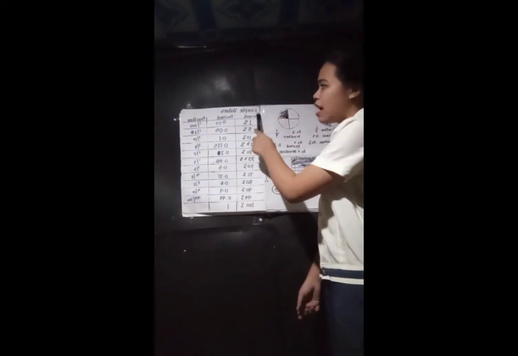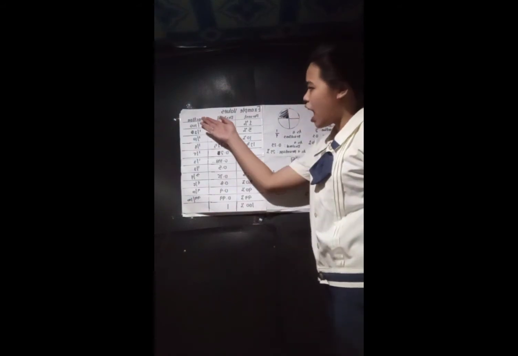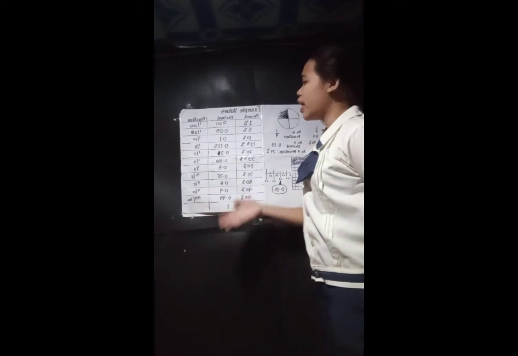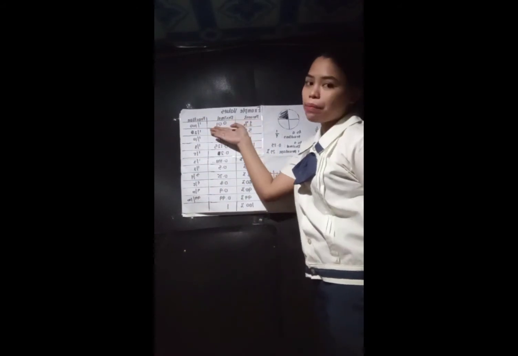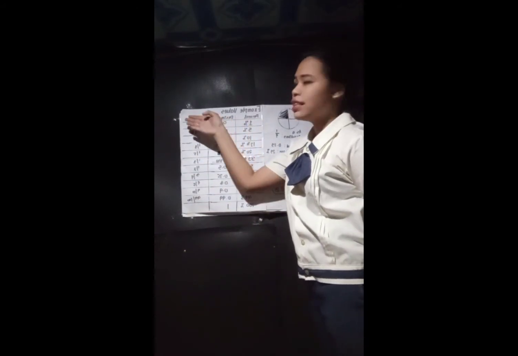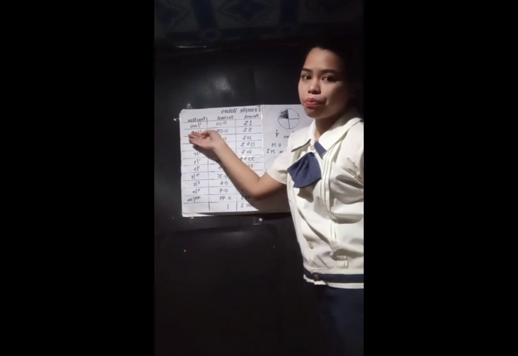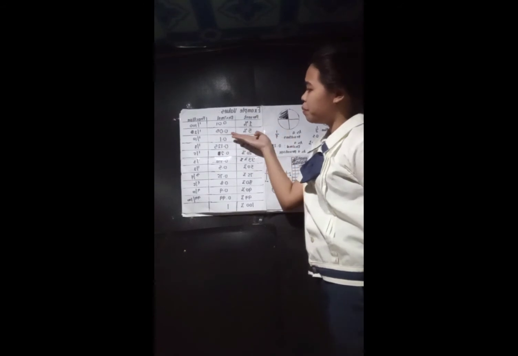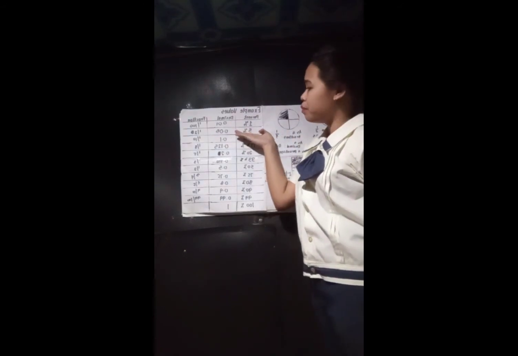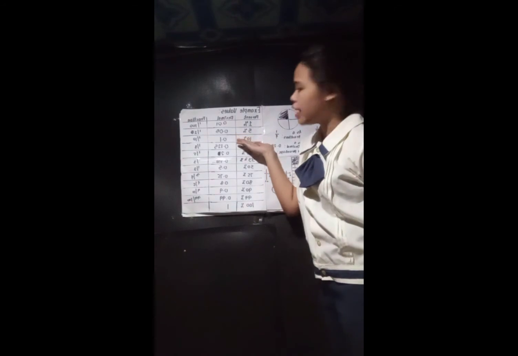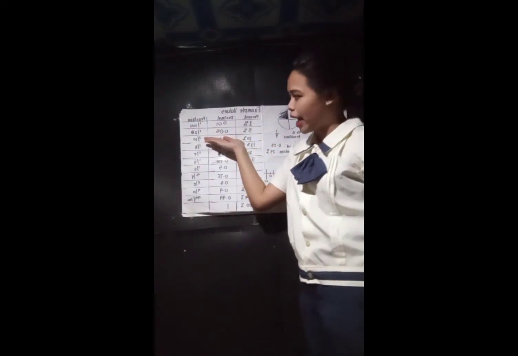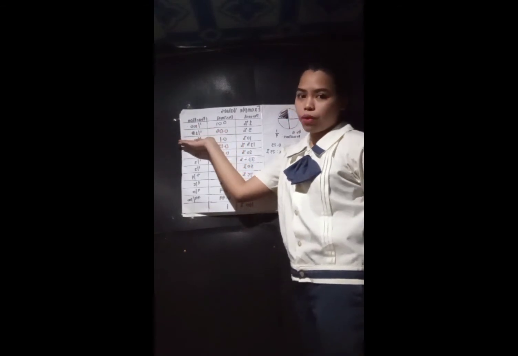Another example is the example values: the percent, the decimal, and the fraction. When we're talking about 1%, the decimal is 0.01, then the fraction is 1/100. The percent of 5, this is the 5%. The decimal is 0.05 and the fraction is 1/20.